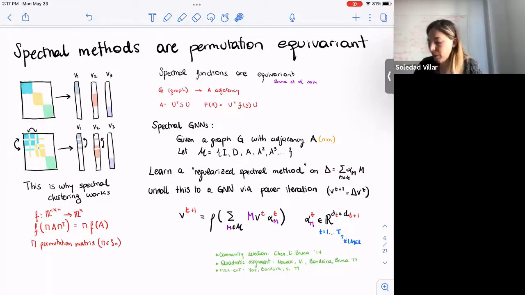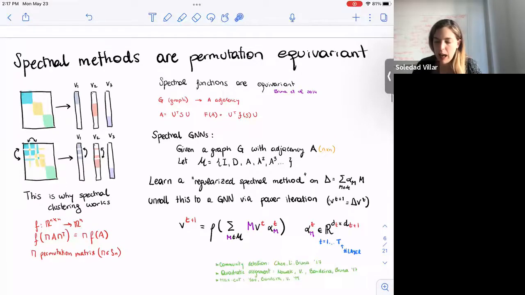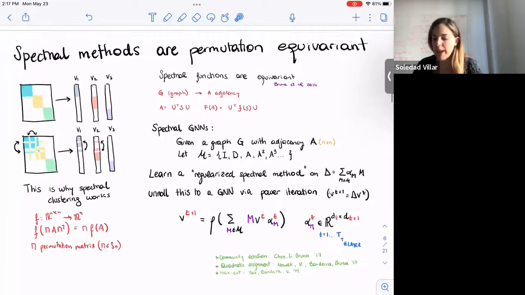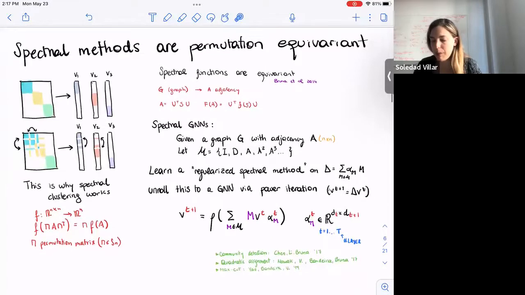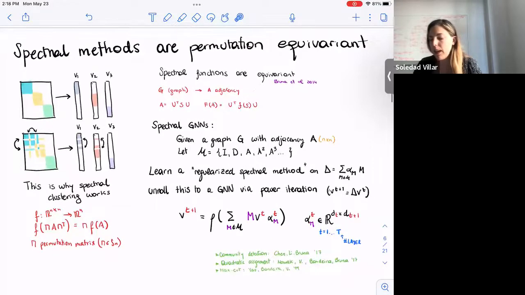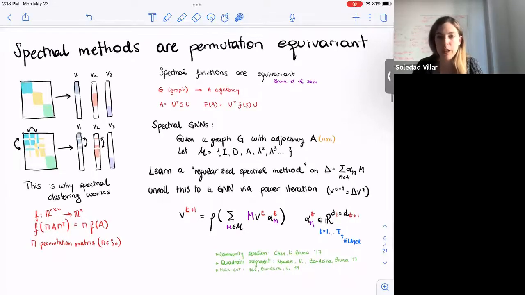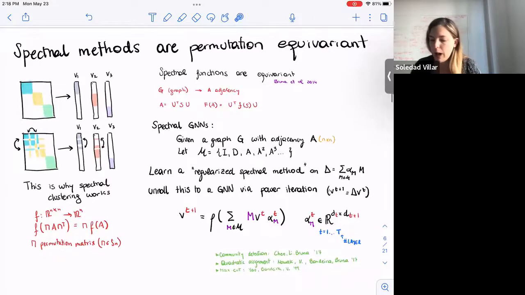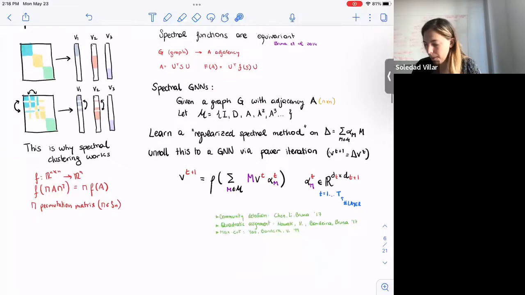So I'm not going to go into a lot of details of how to do it, but basically the question is, okay, how do you parameterize a class of functions that are equivariant with respect to this action? And the question is how much are you losing, or how many of these functions are you actually missing by using this parameterization?